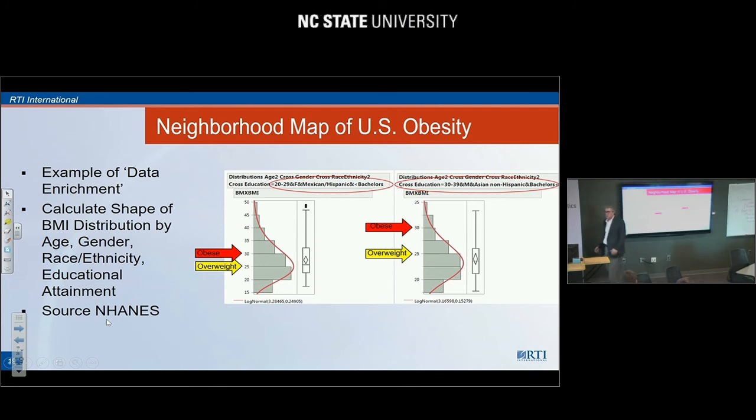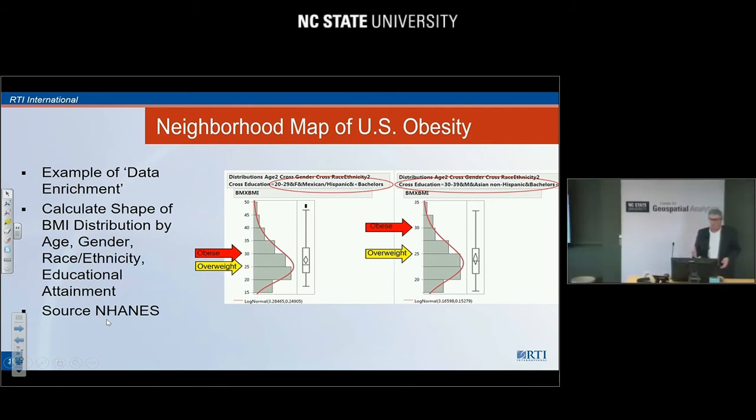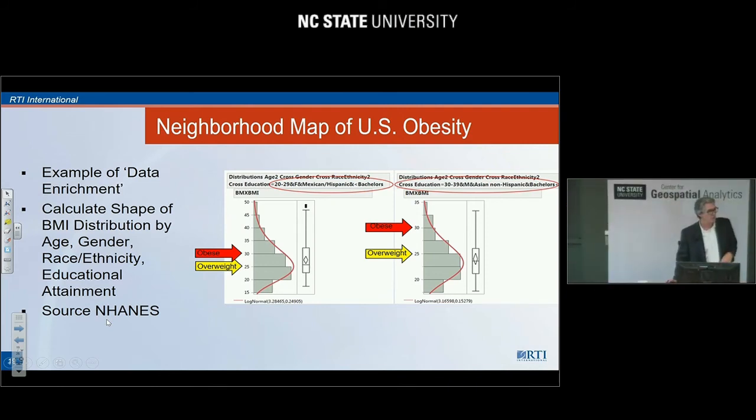So what we do is we take the synthetic population and we take every one of these curves, there's 96 of them for every different combination, and we say find all the 20 to 29-year-old females with Hispanic origin, less than a bachelor's degree, roll the dice in distribution, and put a BMI on each of those people. So it's not just one value on all the people who fit, it's a value from this distribution.